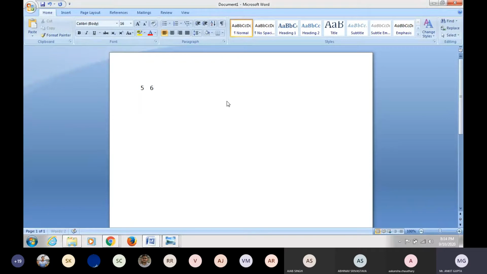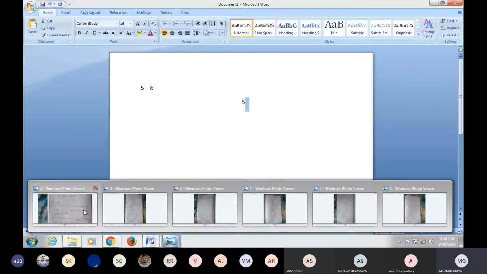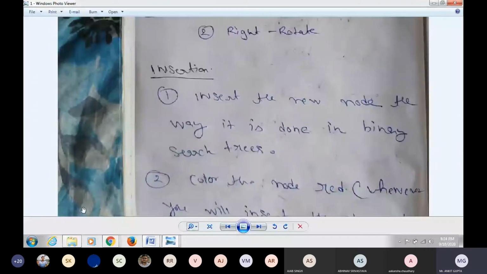First of all, I will insert 5, then 6 will go to the right side of 5, because I have to follow the property of a binary search tree. So insertion in the red-black tree is done as in a binary search tree.